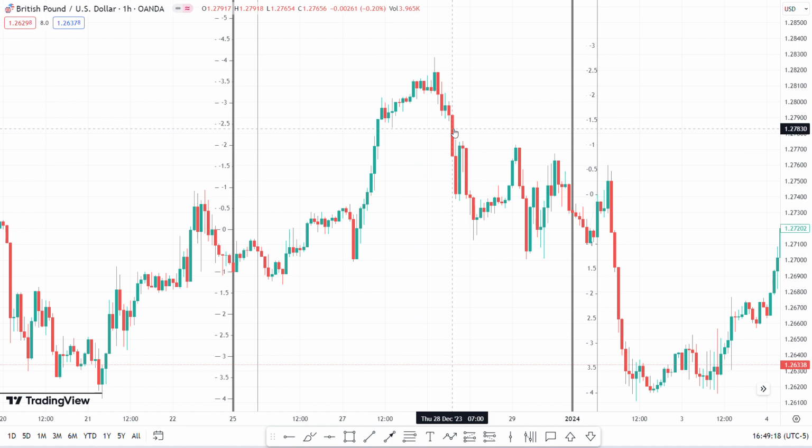You're watching the reaction of that. You're watching these gaps, the reaction in the gaps, and then this swing low over here. That's the final target.